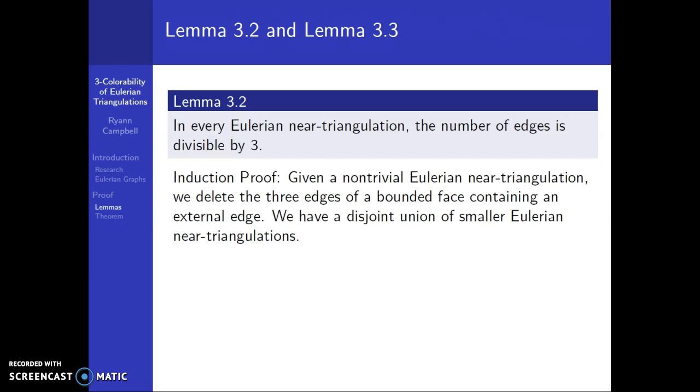We get our G prime graph from G by deleting the 3 edges of F. Then, since G prime is a disjoint union of smaller Eulerian near triangulations, the induction hypothesis implies that its number of edges is divisible by 3. And since that graph, G prime, has its number of edges divisible by 3, it is going to hold for G as well.